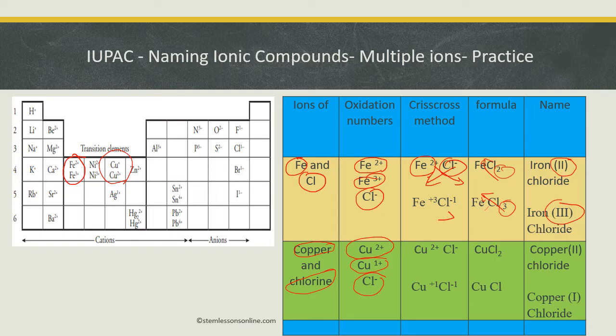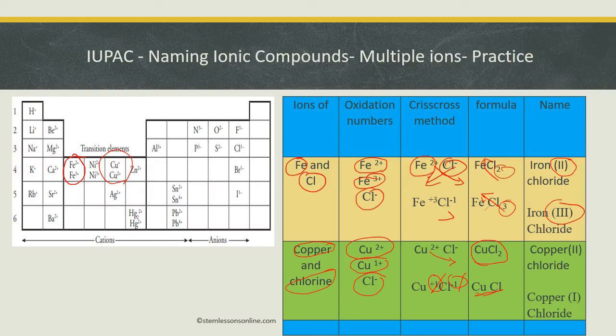Okay, so this is copper 2, and when you crisscross it, the 2 will go as a subscript for chlorine, and we don't write 1, so by default it is 1. So it will be CuCl2 for copper chloride with the oxidation number 2. Whereas for copper with a positive 1 charge, plus 1 and negative 1 will cancel, so we don't have to crisscross, and the formula will be CuCl.